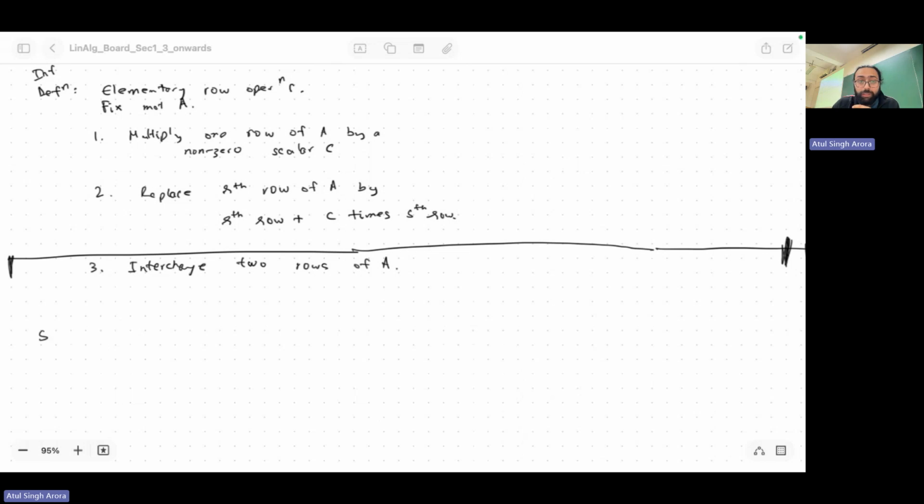And then why are we trying to do all of this? An elementary row operation is just a special type of function that associates with each m cross n matrix another m cross n matrix.